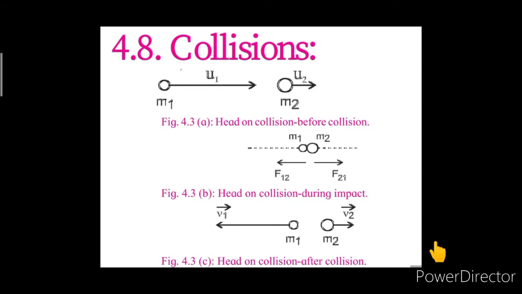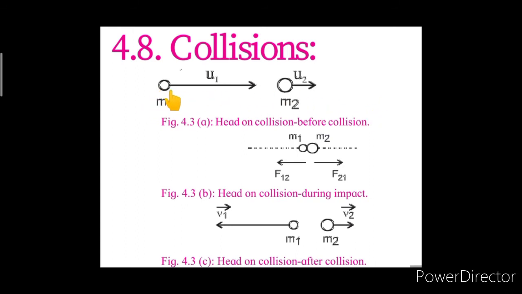Over here we are considering two bodies having masses m1 and m2 moving initially with initial velocities u1 and u2 respectively in the same direction.